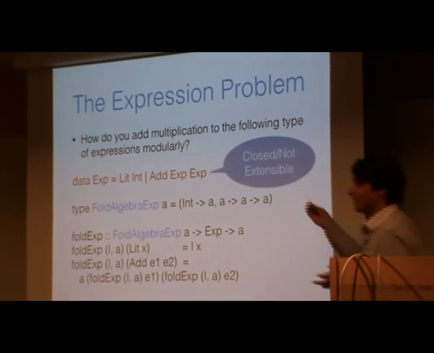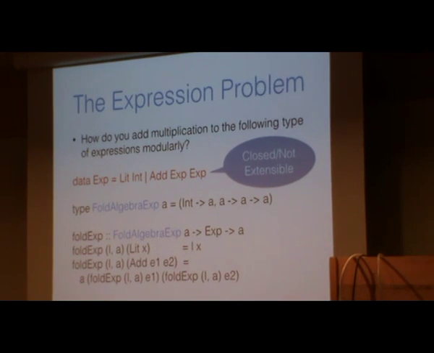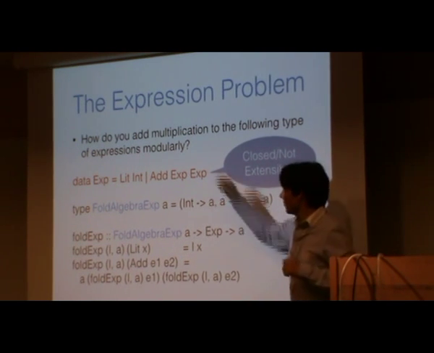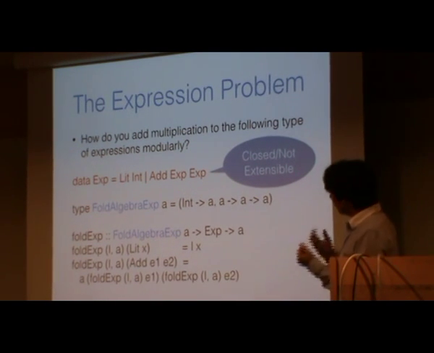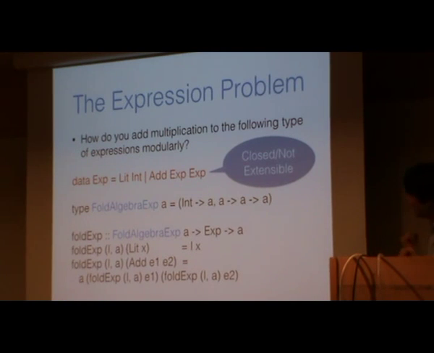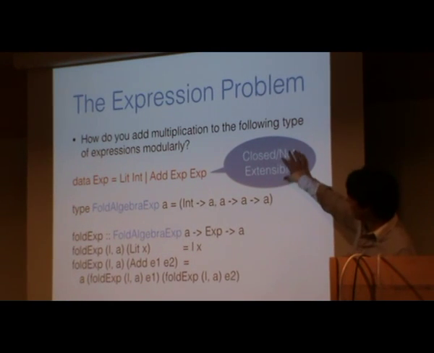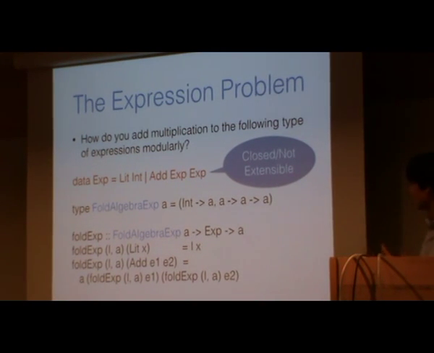So it's not like you can come here and say data type with multiplications extends this data type here. Okay, so you don't have such mechanism in Haskell. So data types, algebraic data types are closed, not extensible in some ways.